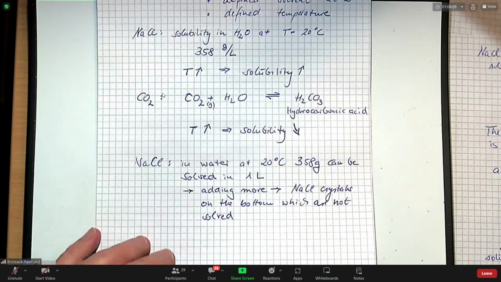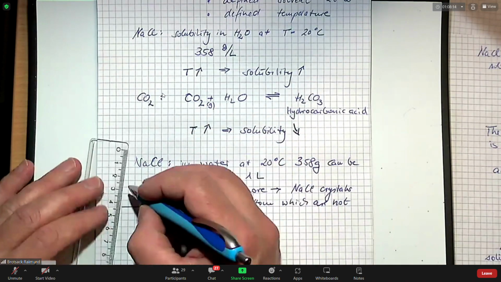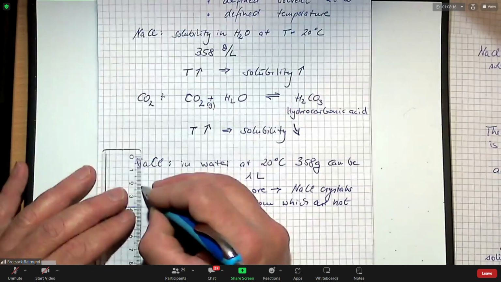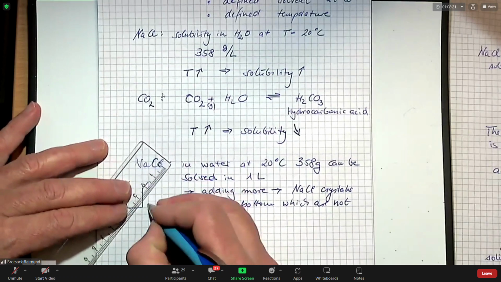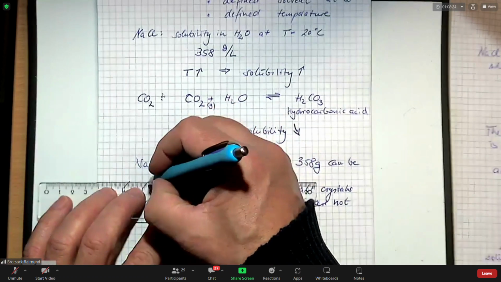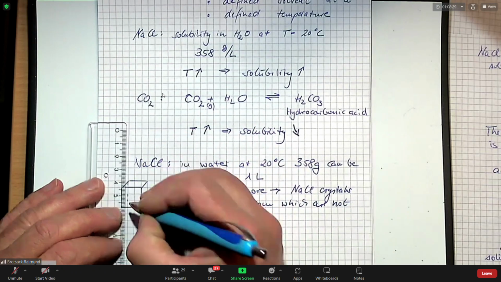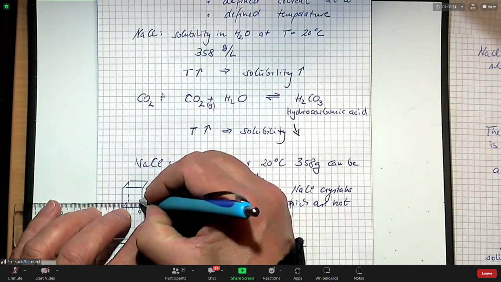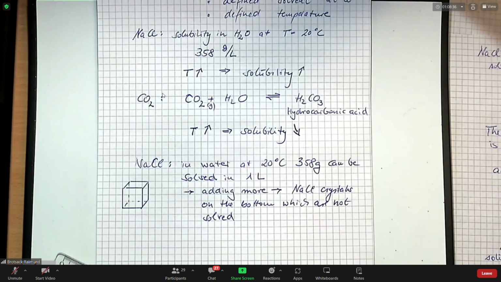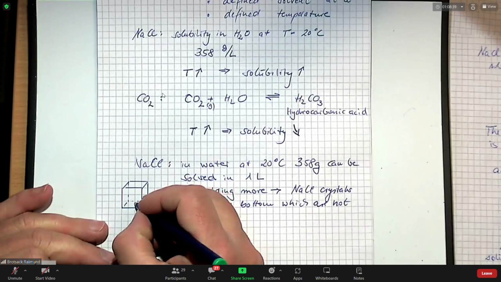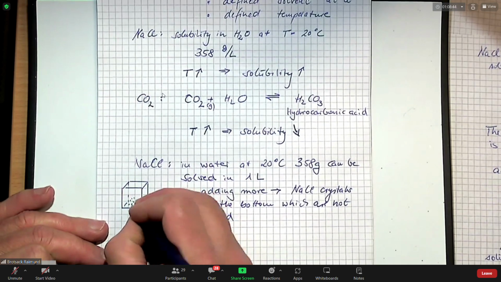When we'd like to have the figure, again, we have our volume, 1 liter, and we have sodium chloride on the bottom, particles, crystals, not dissolved.